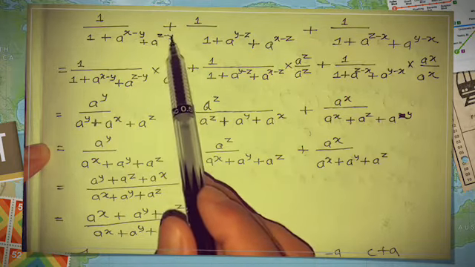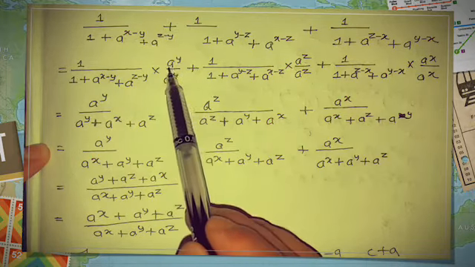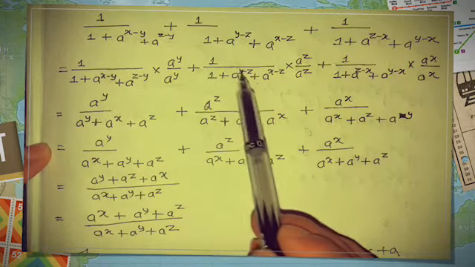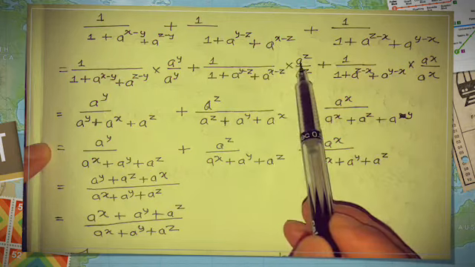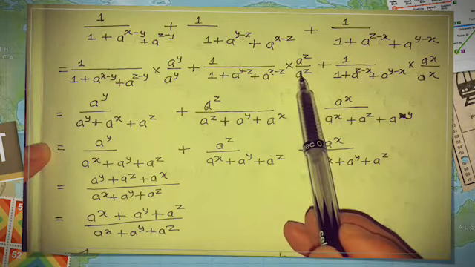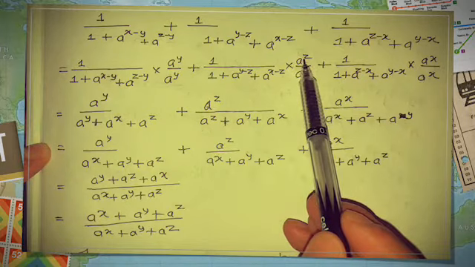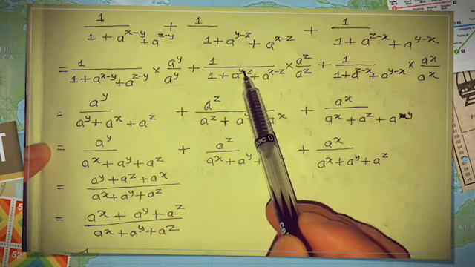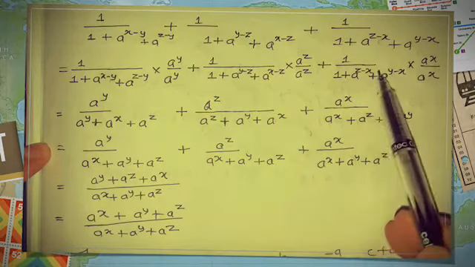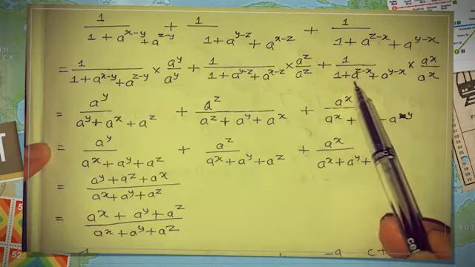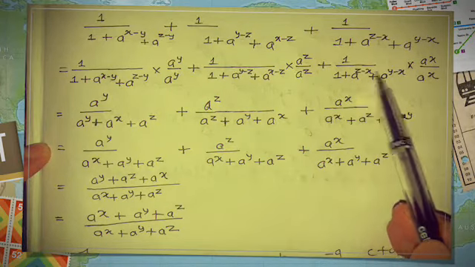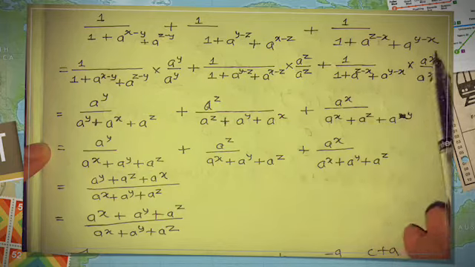Negative power is used to multiply here. And here also a^z by a^z, we multiply by a^z and a^z. And why do we choose a^z? Because the negative power is z here. Similarly, in the third term, a^x by a^x, being this negative.